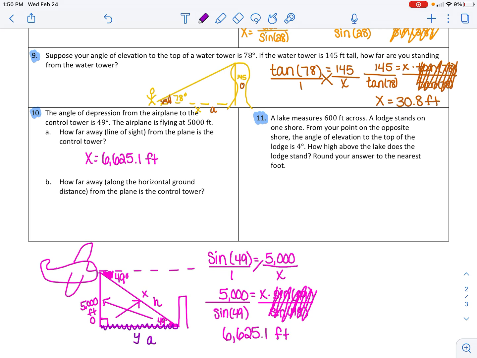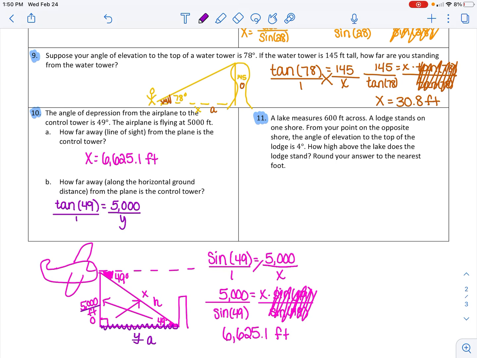So I'm going to be using tangent this time because I have my opposite side, which is 5,000, and I have my adjacent side that I'm trying to find, which is Y. So we're going to say the tangent of 49 is equal to my opposite over my adjacent. Oops, sorry guys, that's going to be a Y.